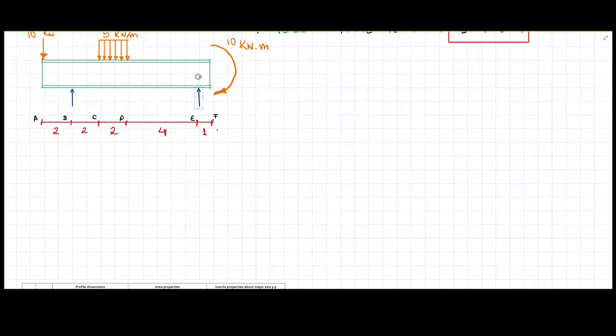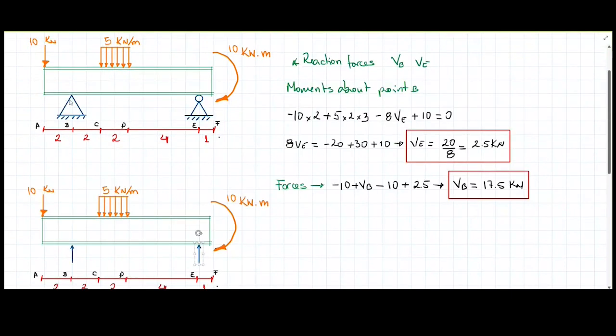Now, one comment about these reaction forces. We're using a pinned support on the left and a roller support on the right, which by definition of a free body diagram, we are going to suppose that in here there's going to exist a horizontal force caused by any of this loading, which we're not considering here. It might be close to zero.